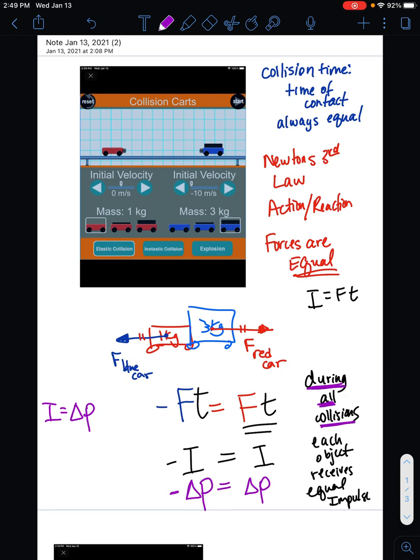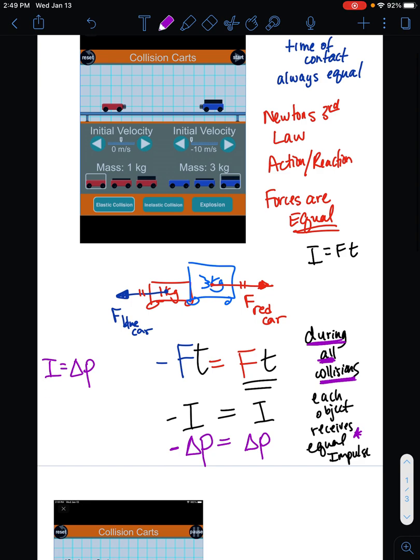Anytime two things hit against each other, we're going to always have equal forces, equal times, equal impulses, and also each object will change momentum by the same amount.